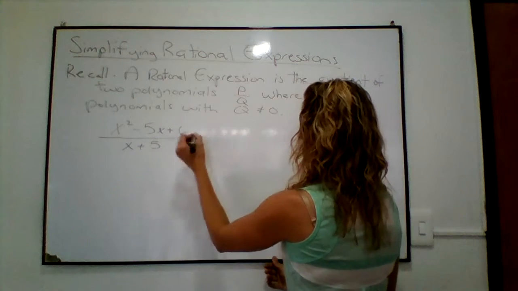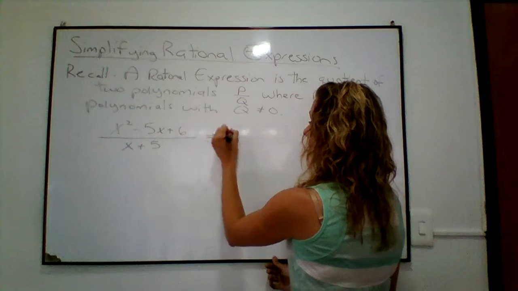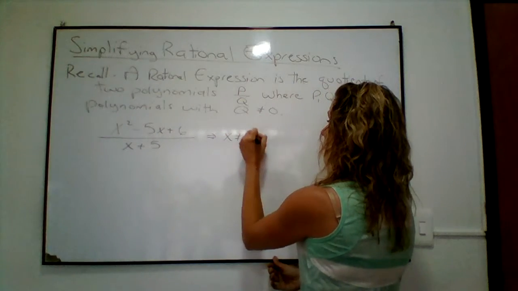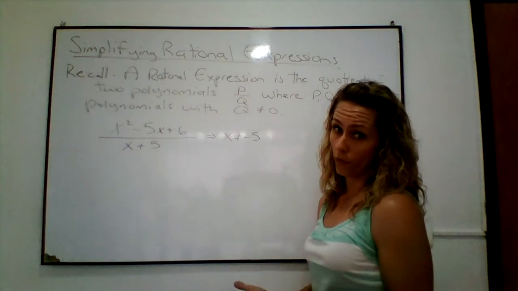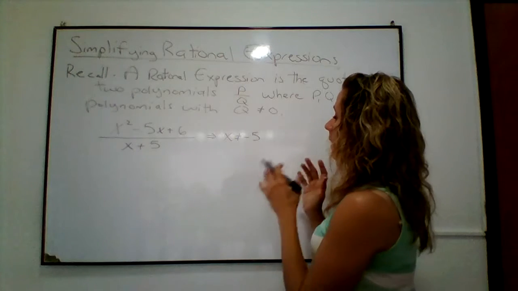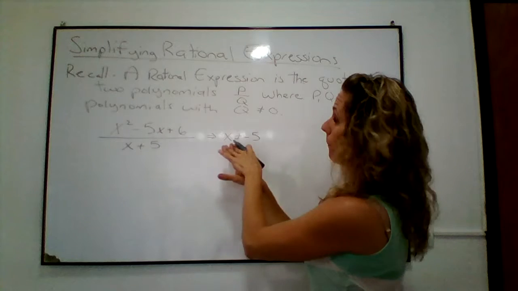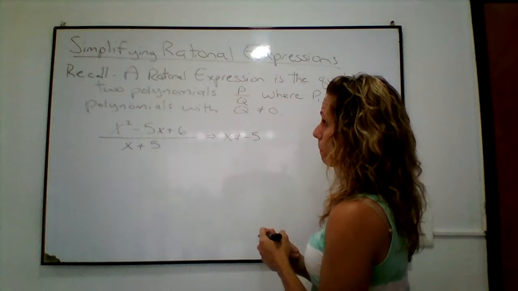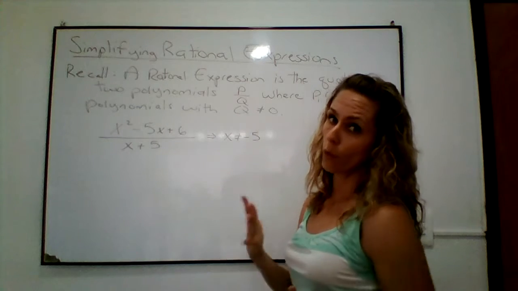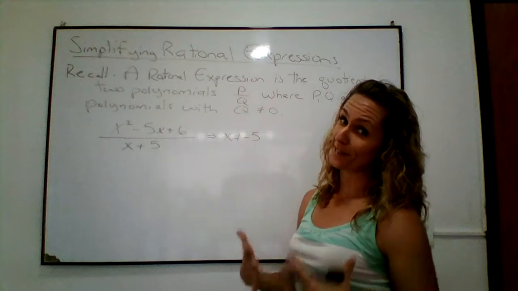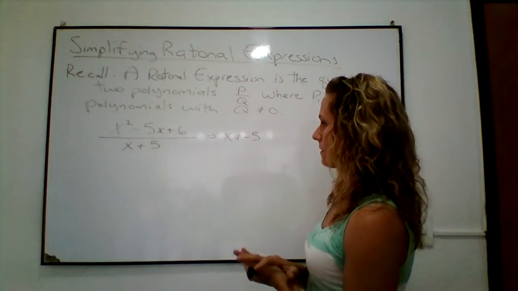So we say that x cannot be equal to -5. This allows us to say that this expression is valid for any real number but -5. We'll talk about this in the future when we do solving equations and things like that. But for now, we're just going to simplify.